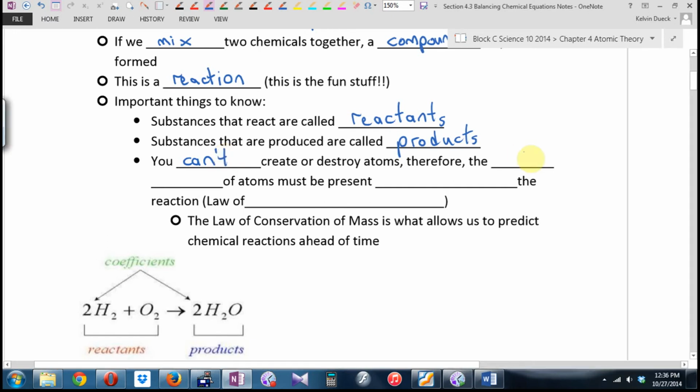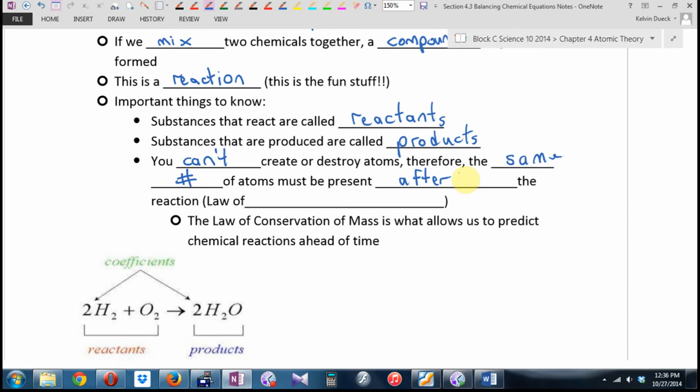Therefore, the same number of atoms must be present after the reaction is over. In fact, this is so important it has a name. This is the law of, you might figure out the name by looking down a half line.